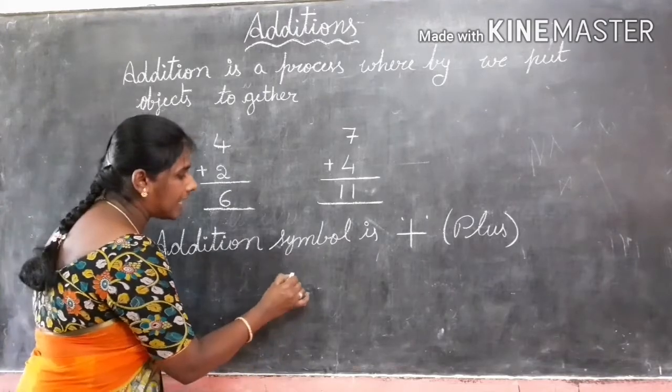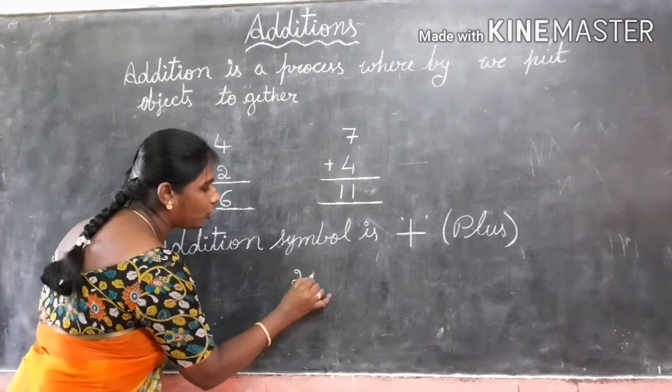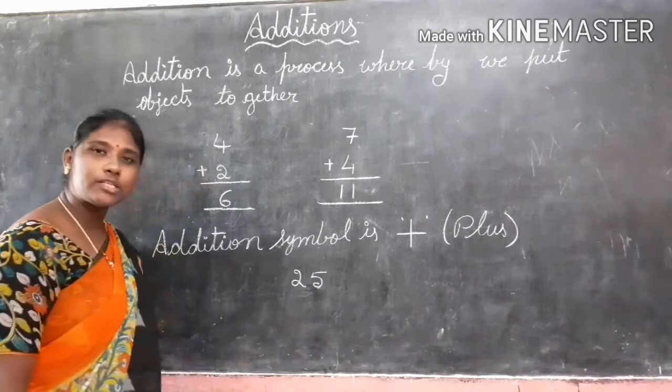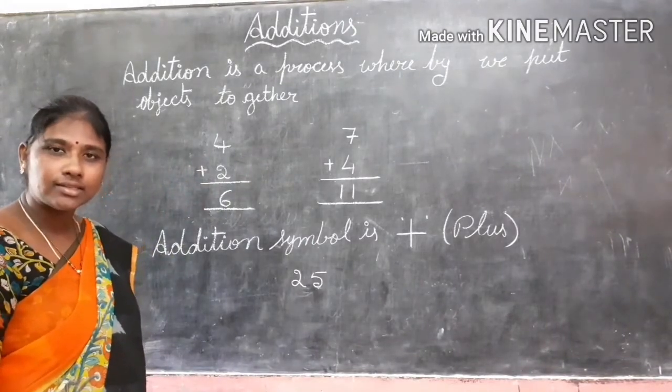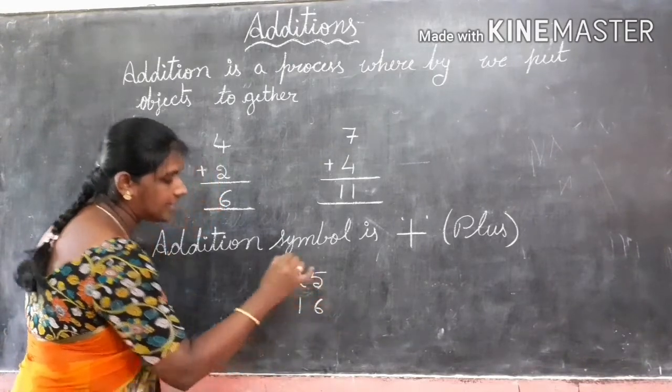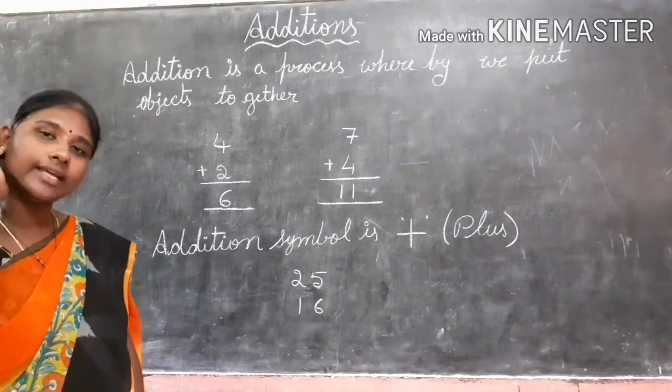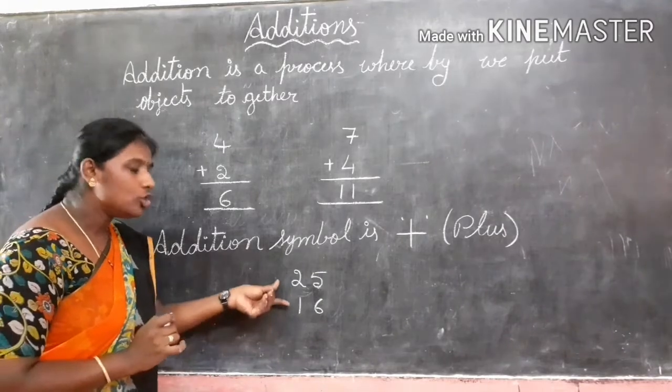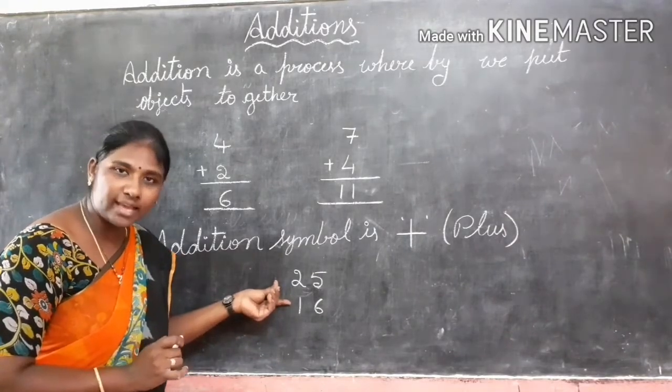Now shall we do one more example? Suppose I take 25 notebooks and 16 textbooks. Now, total how many books are there with me?